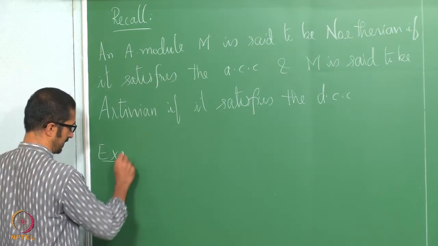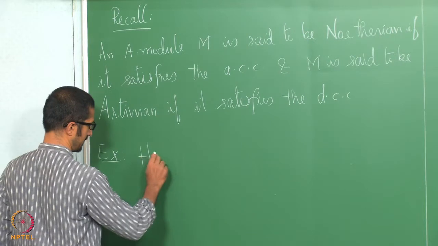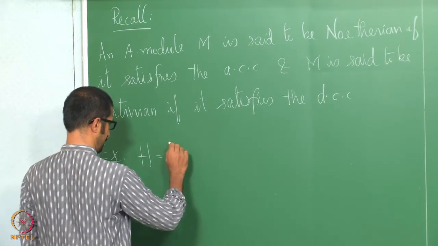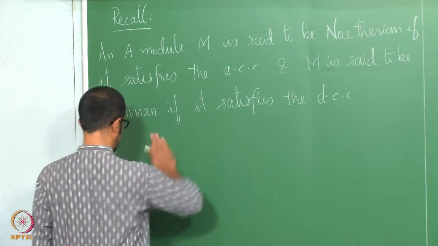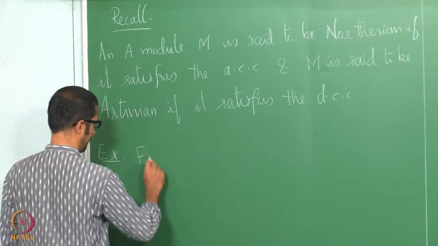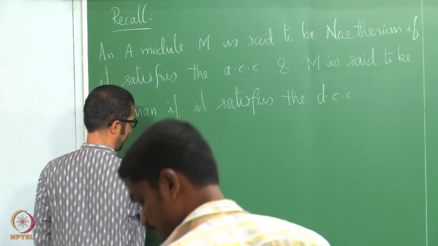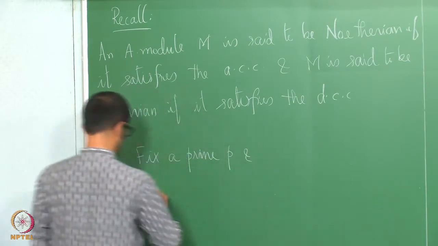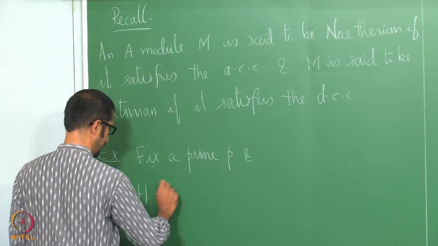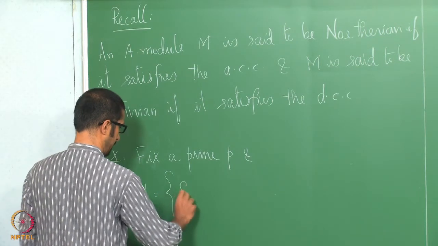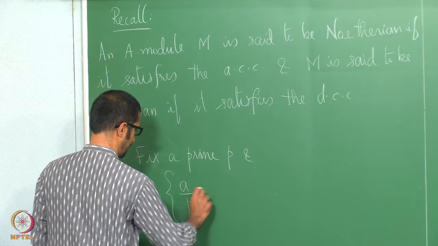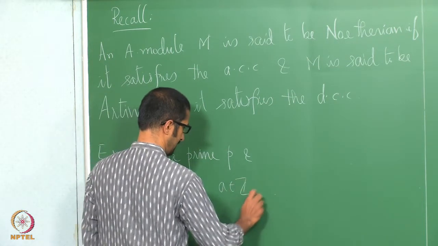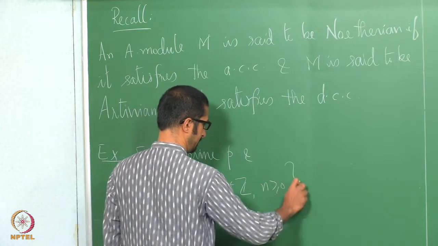Another example, did we discuss this example? Look at this, fix a prime P and take H to be the set of all a by P power n, a belongs to Z and n bigger than or equal to 0.